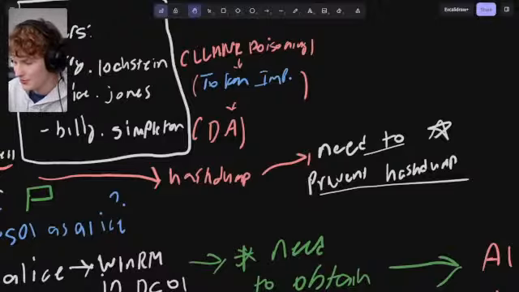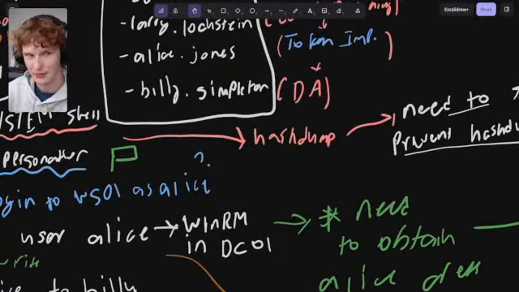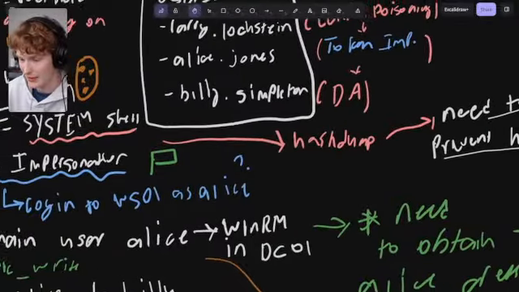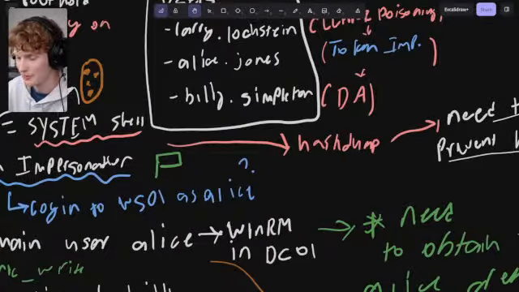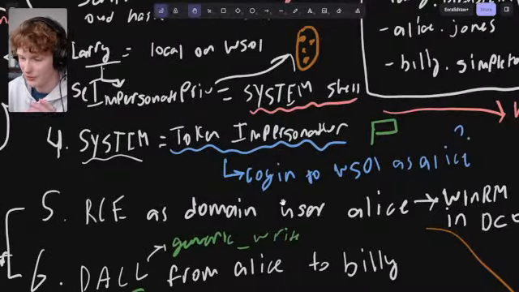But we need to prevent that, because by doing the hash dump and simply using pass the hash, we're circumventing the path here. It's just an unintended method for this particular box.